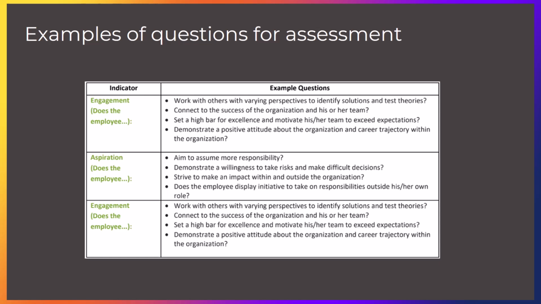Does the employee connect to the success of the organization and his or her team? Does the employee set a high bar for excellence and motivate his or her team to exceed expectations? Does the employee demonstrate a positive attitude about the organization and career trajectory within the organization?